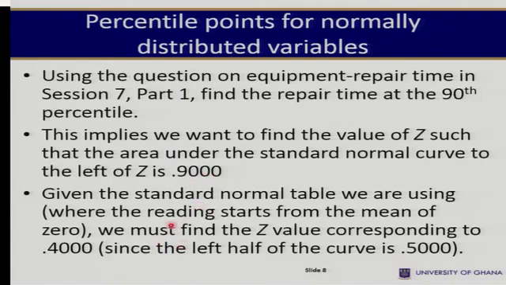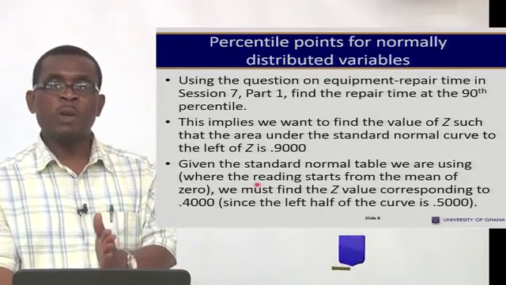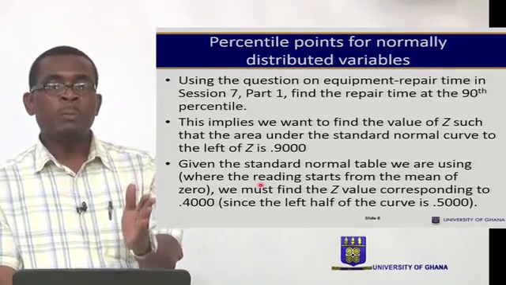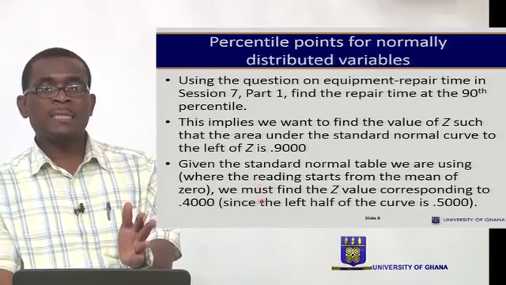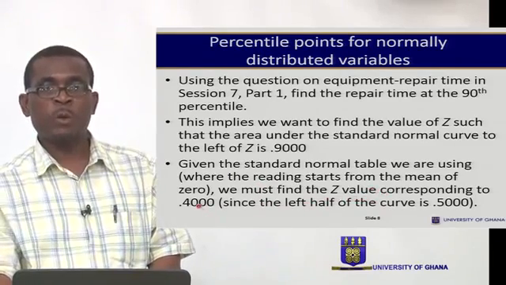Now, recall that we are dealing with the half table, right? So if we are dealing with a half table and we want the area to the left to be 0.9, it means that the area to the left of the mean of 0 will be 0.5, and therefore between the mean of 0 and where our z must be, the area should be what? 0.4.